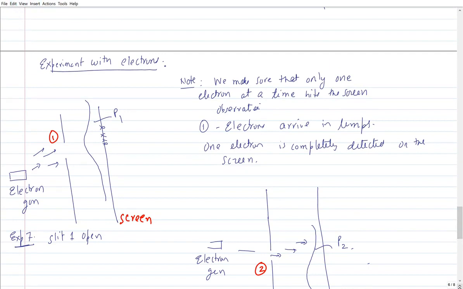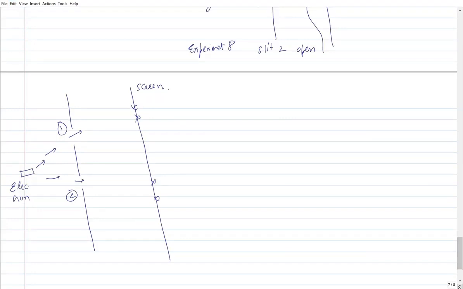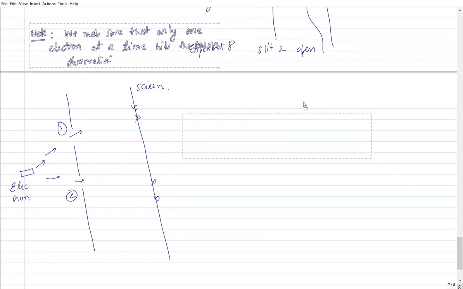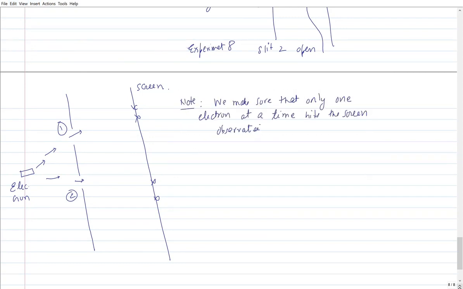We make sure that there's only one electron in this entire experimental setup at a particular point of time. So maybe what you can do is start this experiment, and each day you are sending only one electron. Day 1 you get one click, day 2 you get another click, and so on, making sure that there is only one electron at a time.